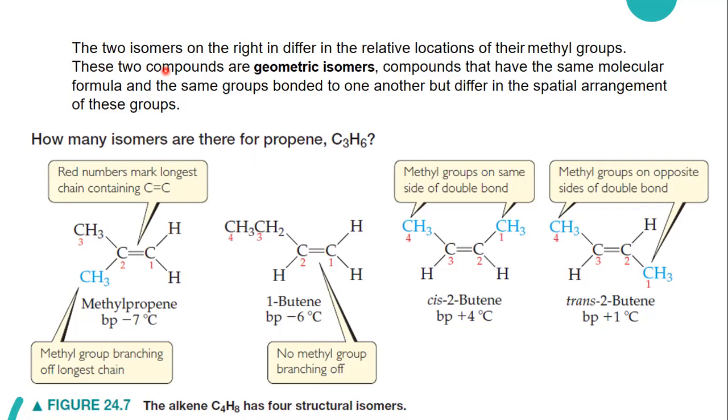For example, this one, methylpropene, has its own orientation, unlike this one, which has a different orientation. Although they have the same composition, two CH3, two single bonds, and two CH that are bonded with a double bond.